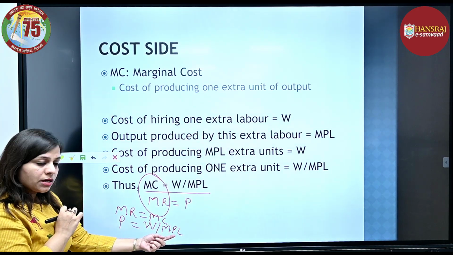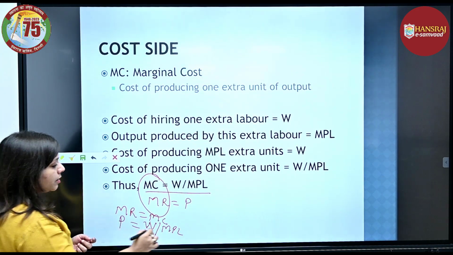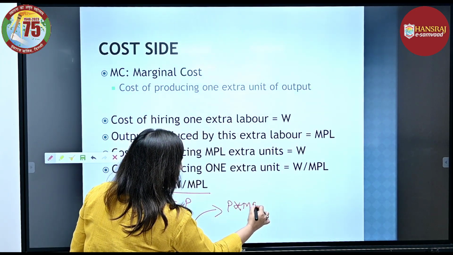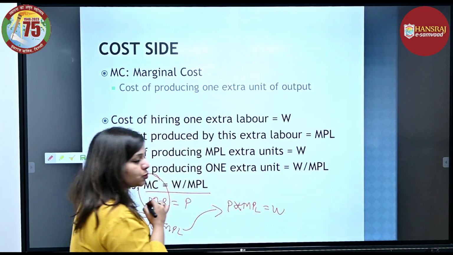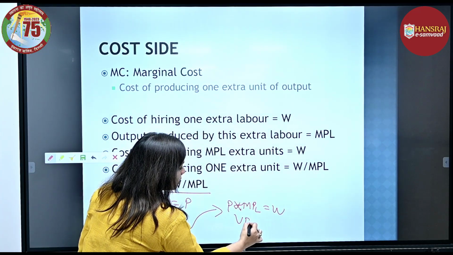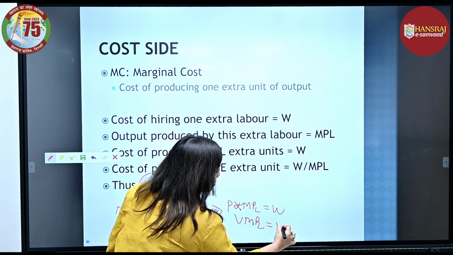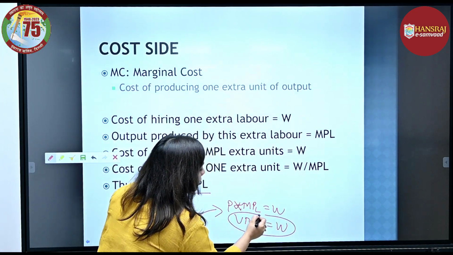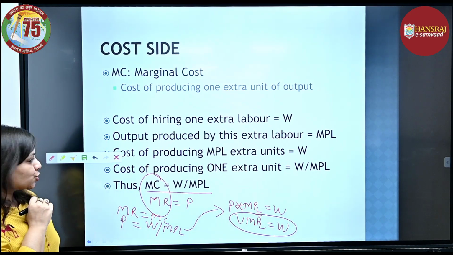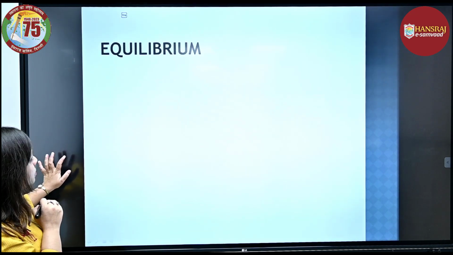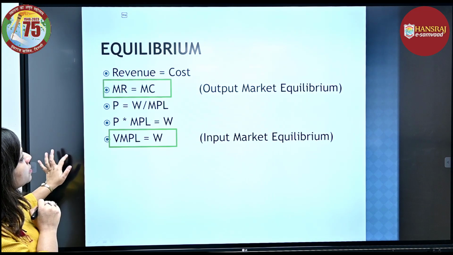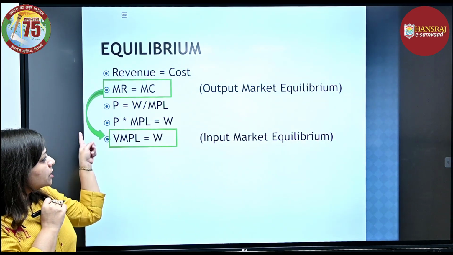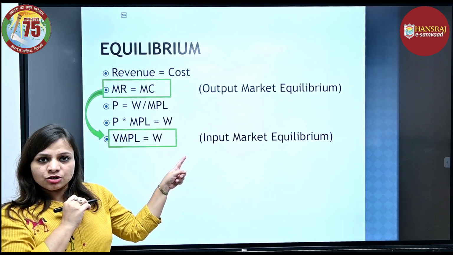So I can simply take this MPL on the left hand side and I will get price times MPL equal to wages, which is nothing but my VMPL is equal to wages. So we are coming back to the input market condition, and this is what is represented in this slide, that from the output market equilibrium again we can get the input market equilibrium.